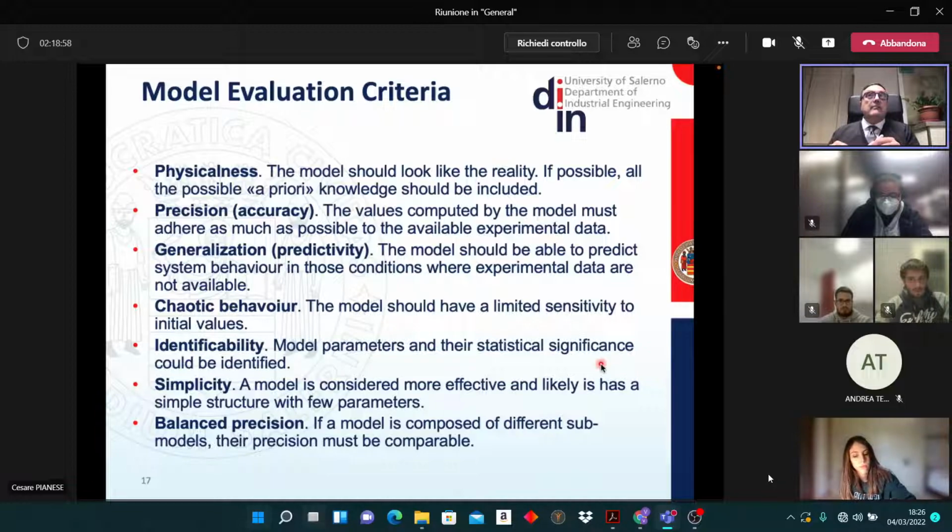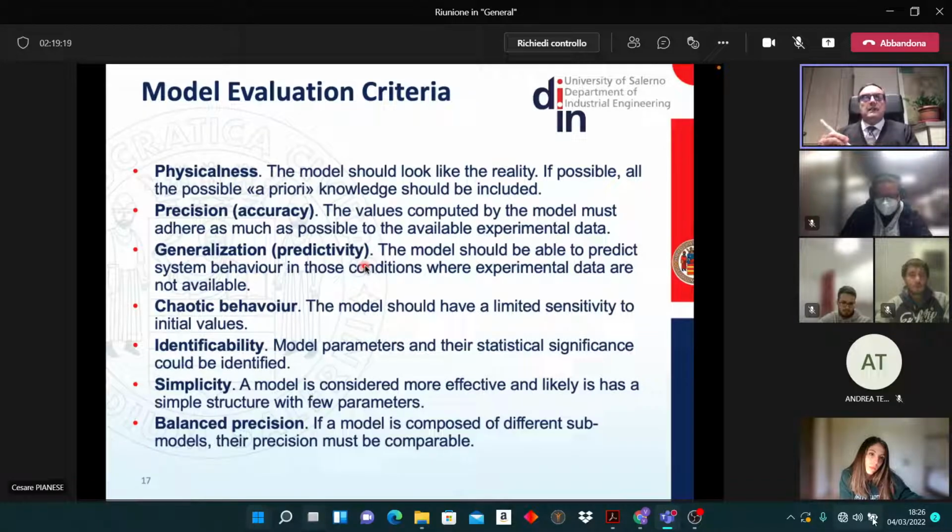If you over-parameterize your model, you are losing, for sure, at least generalizability, and then the predictivity in those regions where you don't have examples. But we will come back to this.